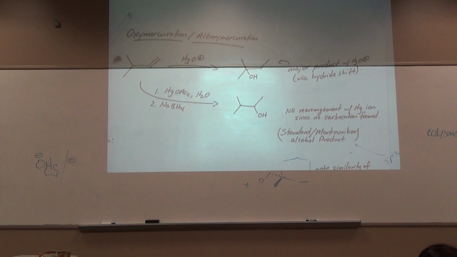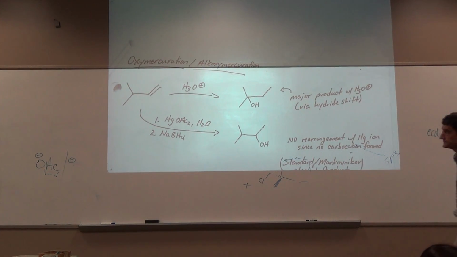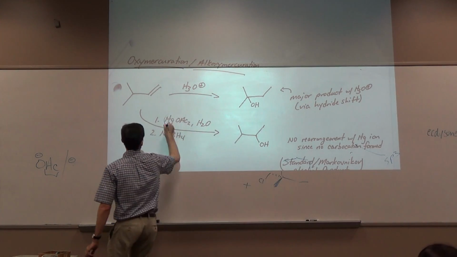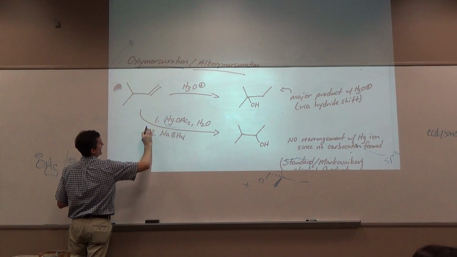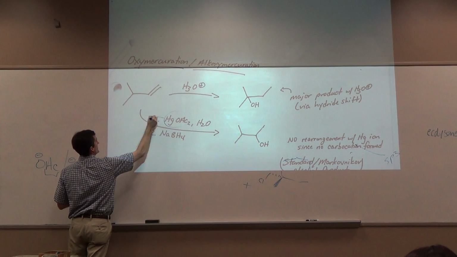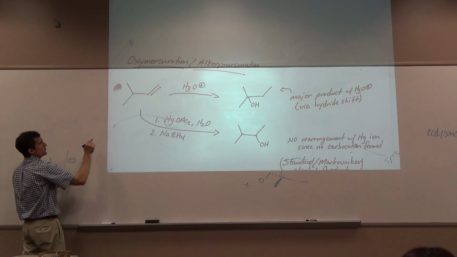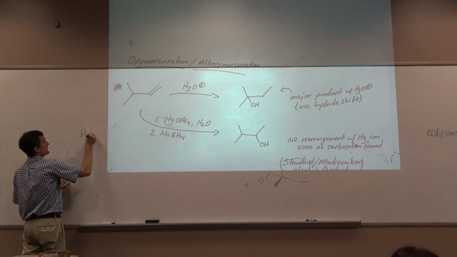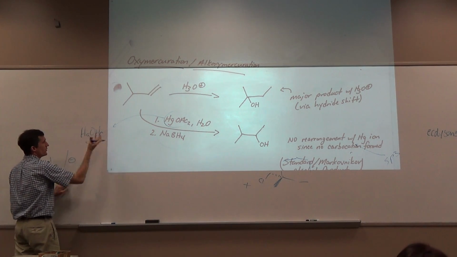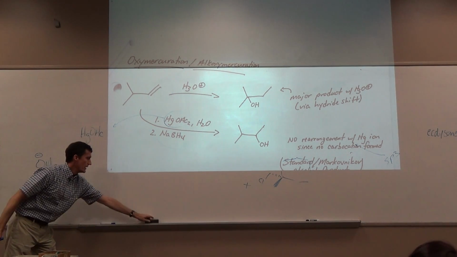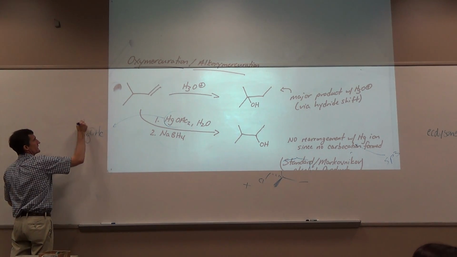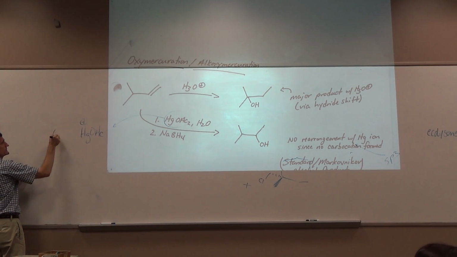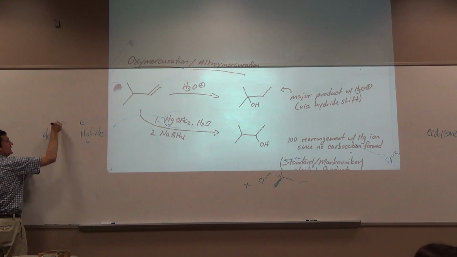Well, the first thing to know is you've got mercury 2 plus. You can show it a variety of ways. The book may show it differently. Maybe one of the acetates ionizes. The whole thing is ionic, so we could show it like this, with a mercury there and a separate acetate.